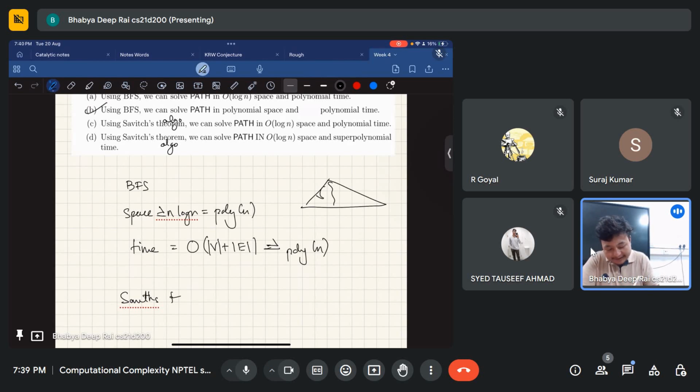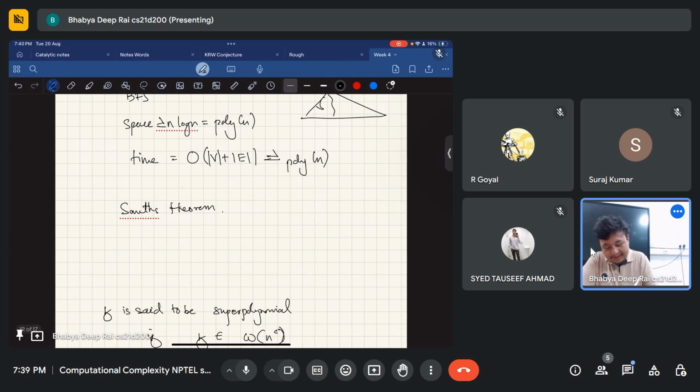Okay, what does Savage's theorem show? Savage's theorem shows that any NL problem can be shown to be in the space... actually I'll stop writing NL, I'll write PATH because PATH is NL complete. PATH can be solved in D space log square n.